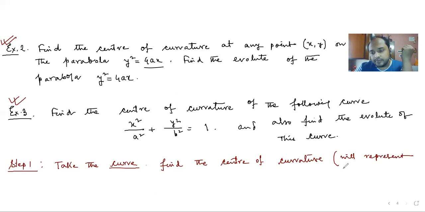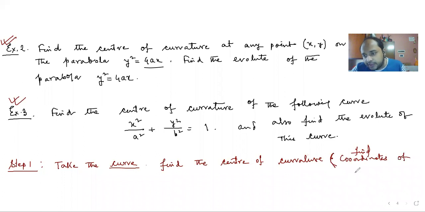Sorry, I have to rectify this line. First of all, you find the center of curvature. Finding center of curvature means finding the coordinates of the center of curvature. When I say find center of curvature, I'm asking you to find the coordinates of the center of curvature.